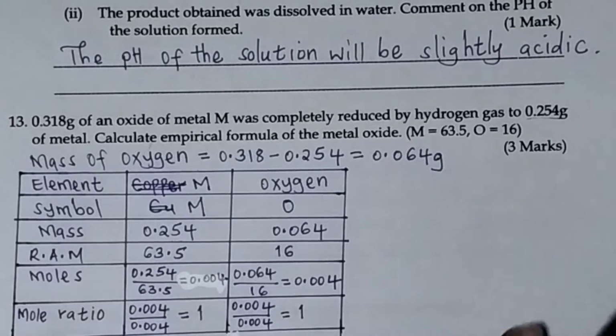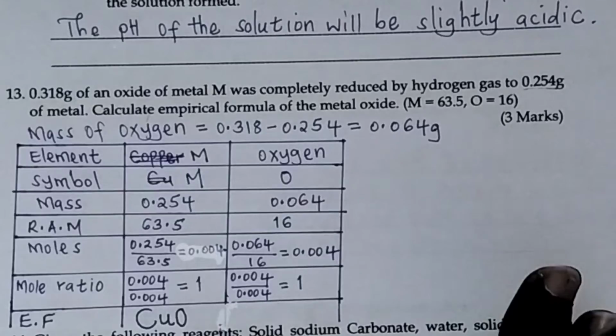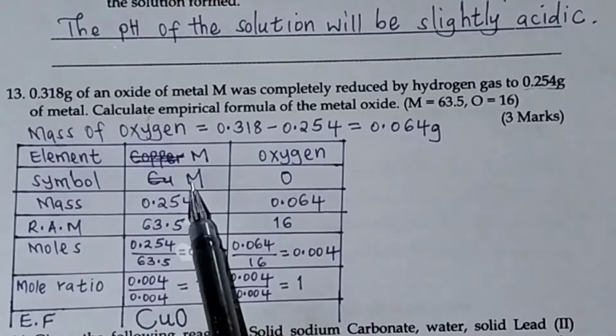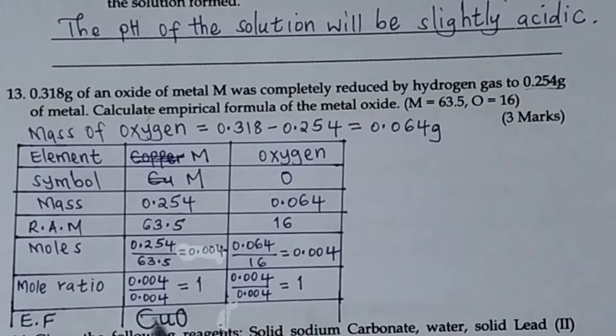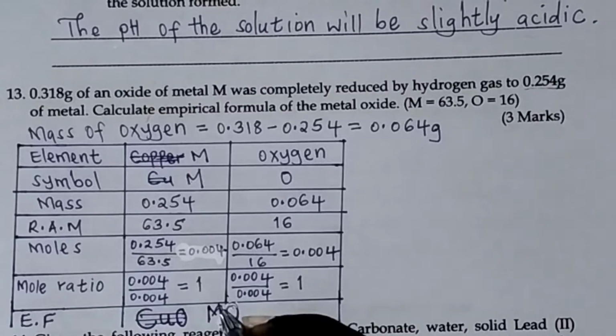So next step we have to write the empirical formula. We are going to write M1, we don't write 1, O1, so we don't write 1. So we are going to have MO to be the empirical formula of the oxide of metal M.